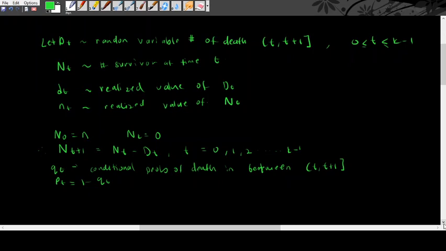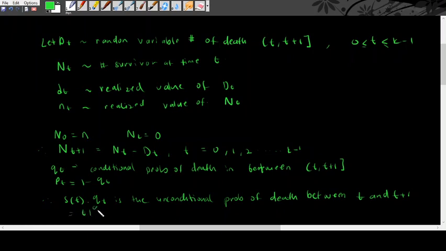We also know that st is the unconditional probability of survival to time t, so we can say that st times qt is the unconditional probability of death between t and t plus 1. This is also equal to t given q0.